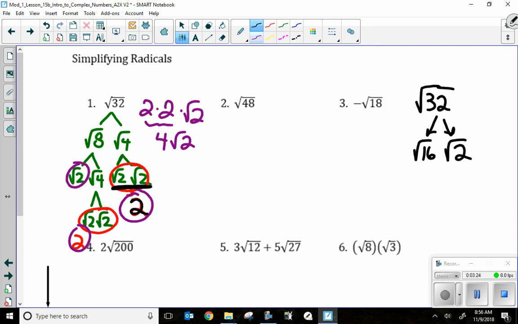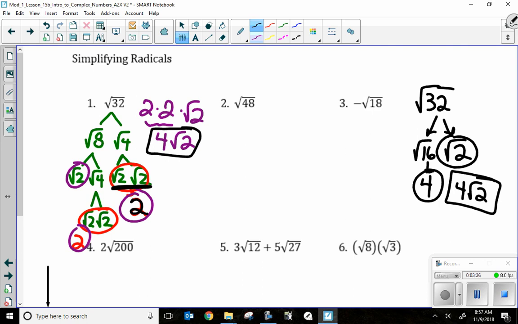And what's the square root of 16? It's 4. So my answer is 4 radical 2. To me, this is so much easier. It's the same answer. It's less work. It's less writing. But some people can't look at that and right away immediately say 16 goes into 32. If you can find the biggest perfect square that goes into every number, your work will be much easier.